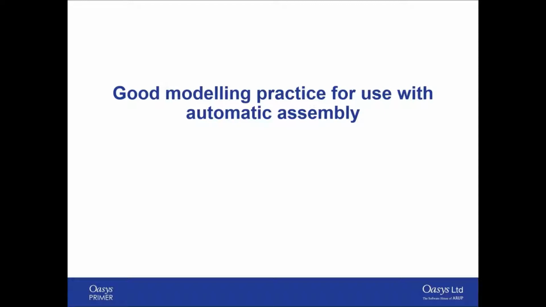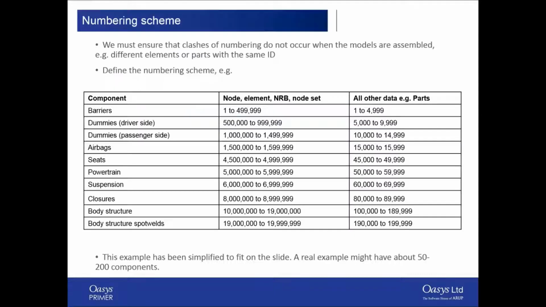So I'll just quickly go through this. This is just some good modeling practice when working with these sort of automatic assembly processes to help avoid errors. I've touched on this before, but essentially you want to try and prevent any label clashes. We do have tools built in Primer that allow you to check this and try and renumber things automatically, but it's good to work to a system to start with.